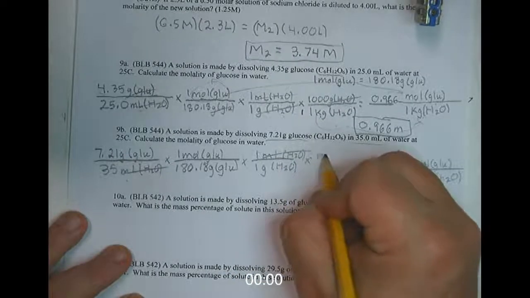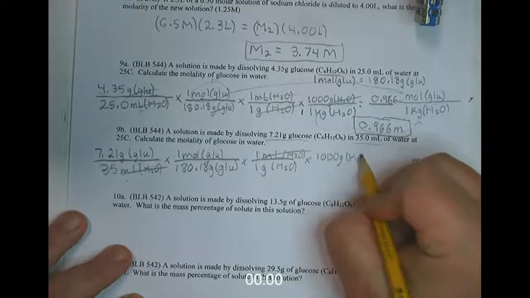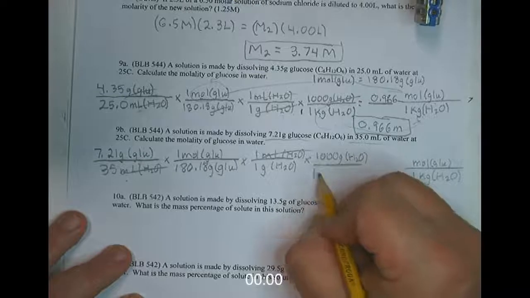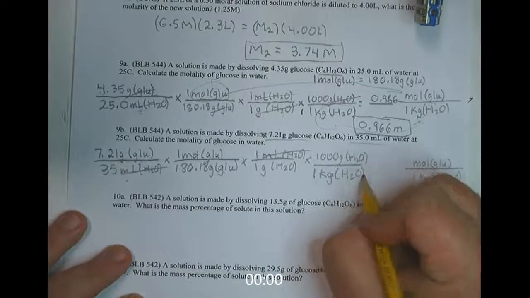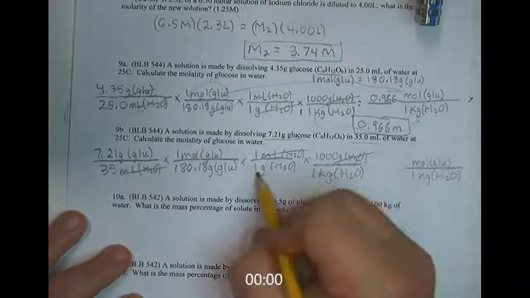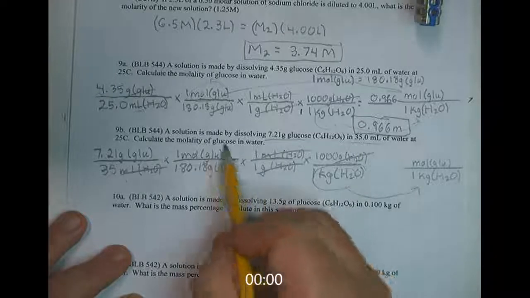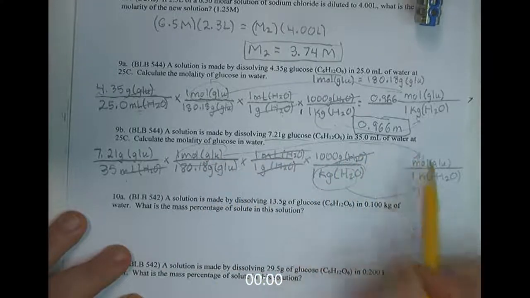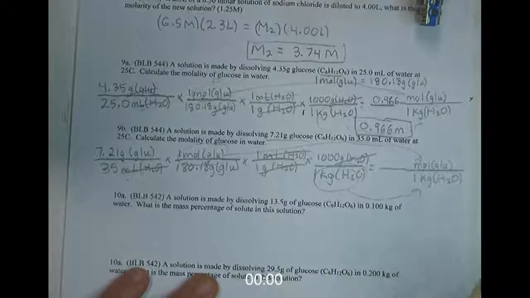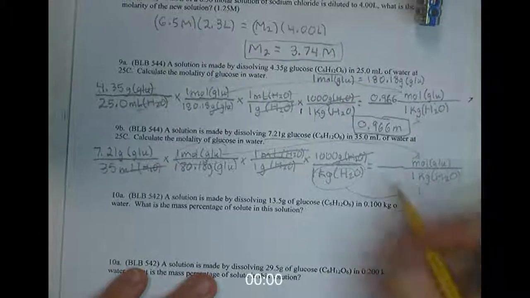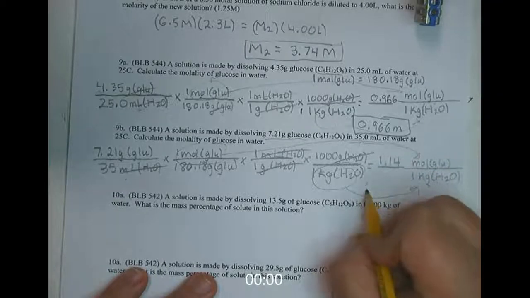That's easy enough: 1,000 grams H2O for every 1 kilogram H2O. Grams of H2O cancels grams of H2O, so the last ones standing are moles of glucose and kilograms of H2O. So we just do our calculation, and you should get 1.14.